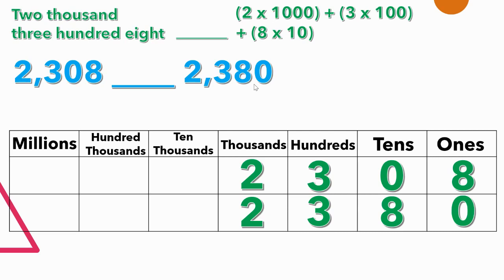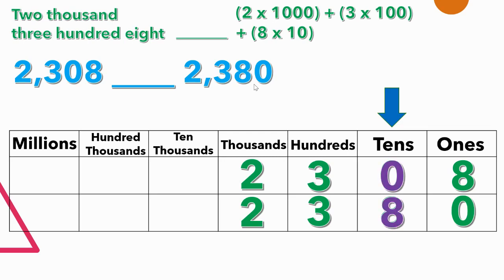Start by comparing the greatest place value. Here, thousands is our greatest place value. In both numbers, there's a 2 in the thousands place, so we move on to the hundreds place. In the hundreds place, there's a 3 for both numbers, so we move on to the tens place.